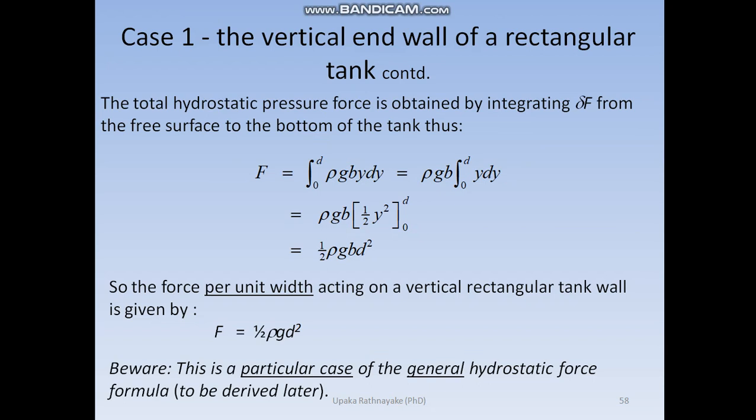Do the integration, and you'll end up with half rho g B D squared. Now that is the hydrostatic pressure force acting on a wall which is D into B in dimensions. Now we found the magnitude of the force.